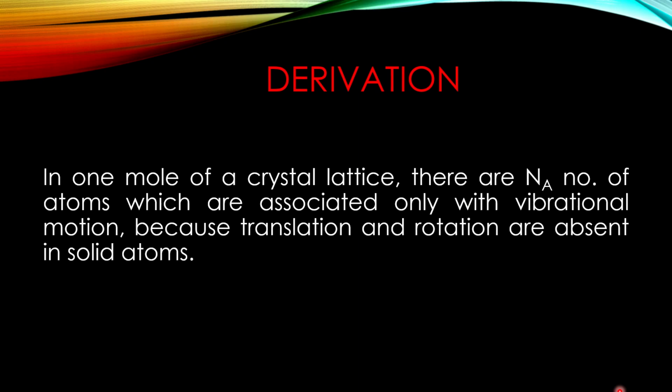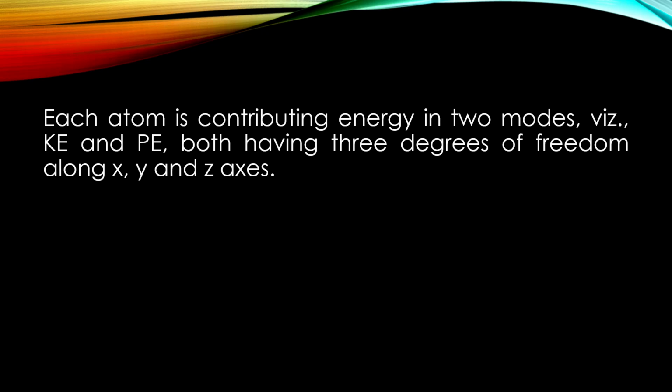So let us derive this equation theoretically. In 1 mole of a crystalline lattice, how many atoms are there? Na atoms. And they are associated with only vibrational motion. There is no translation, there is no rotation. But this vibration has two types of modes, potential energy and kinetic energy.